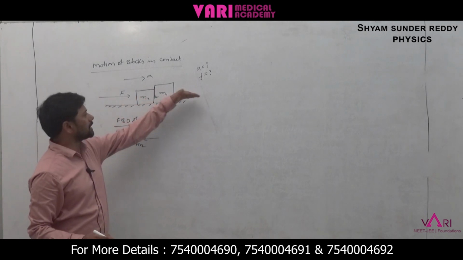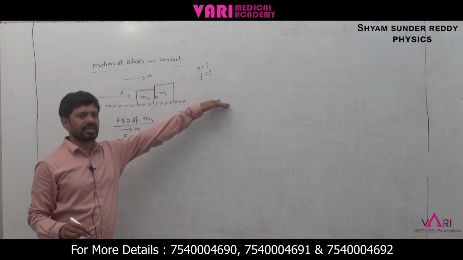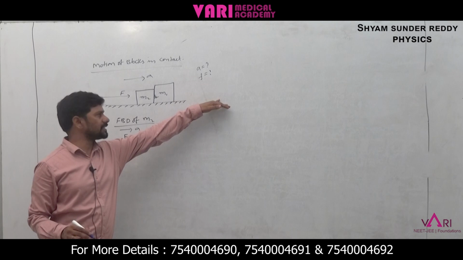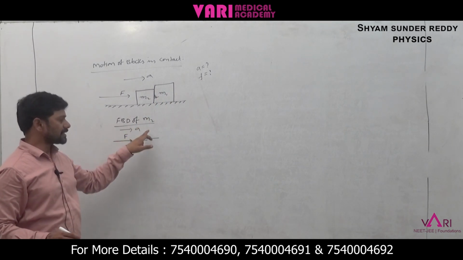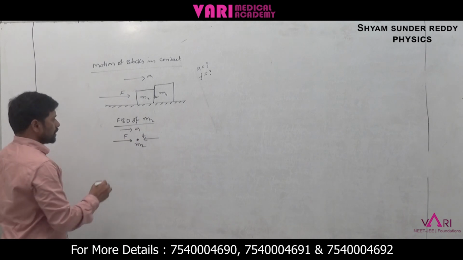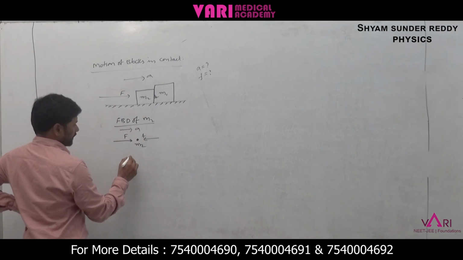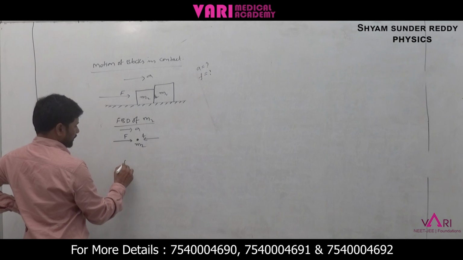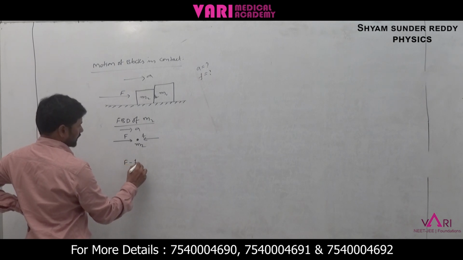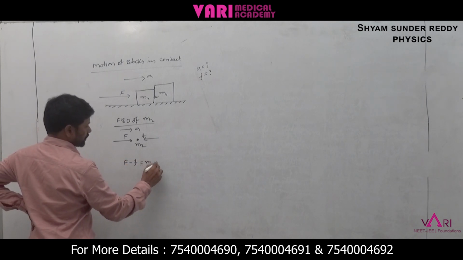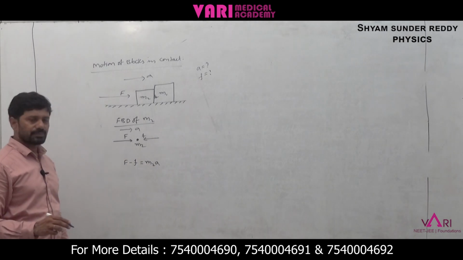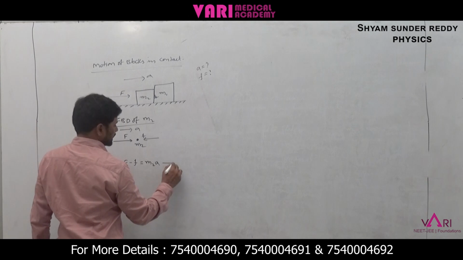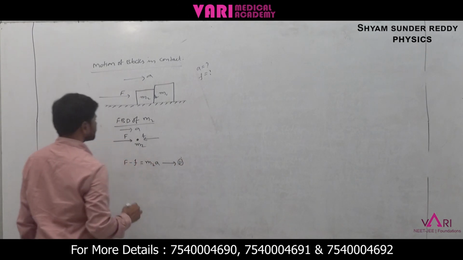That's why the blocks are moving in the forward direction. So F is greater than small f. We can write F minus f is equal to M2A. Capital F minus small f is equal to M2A. Take this as equation number 1.